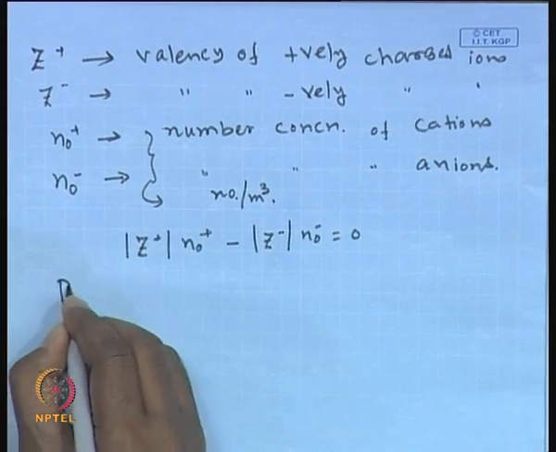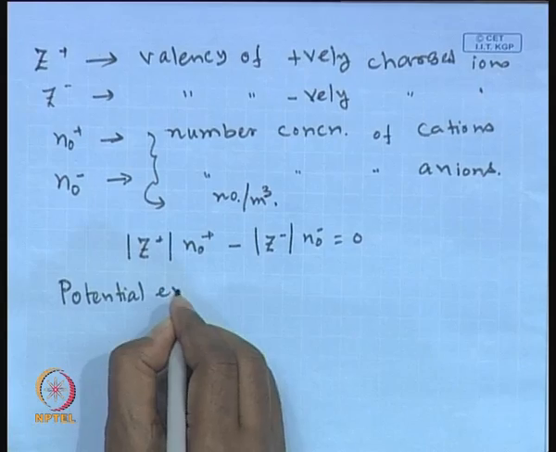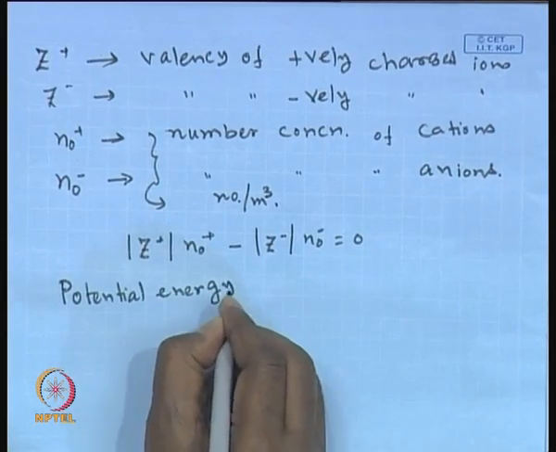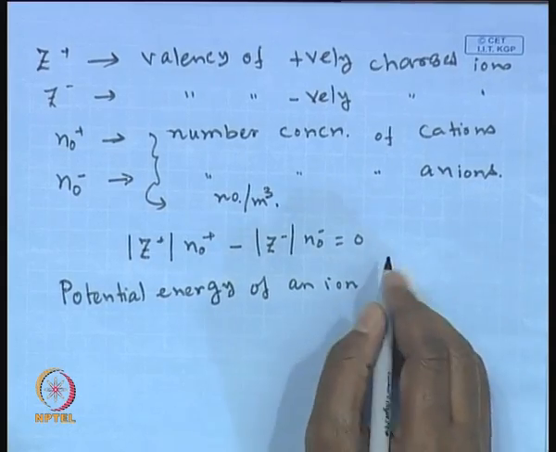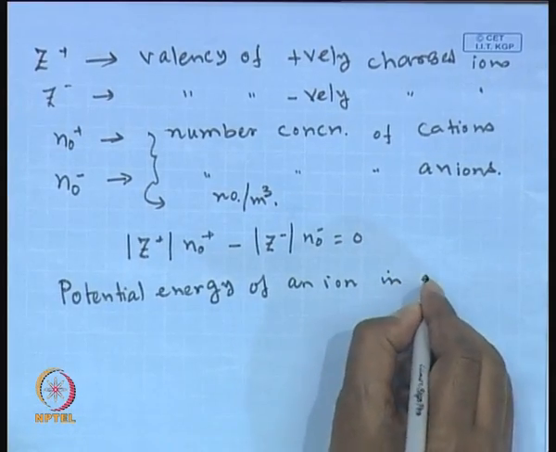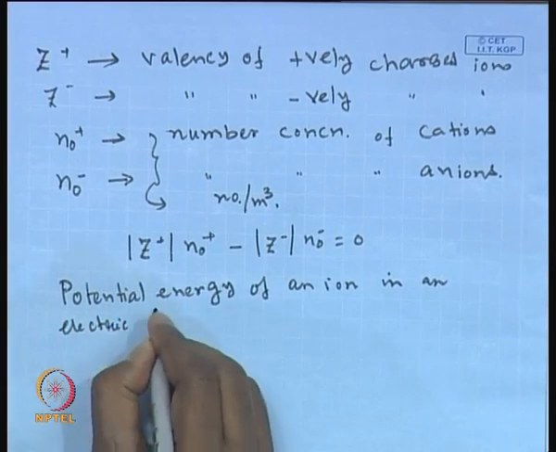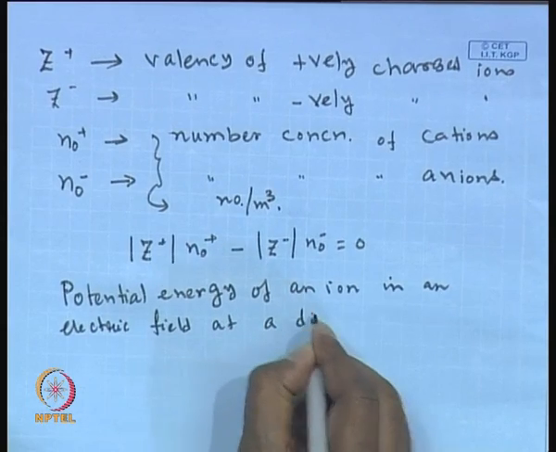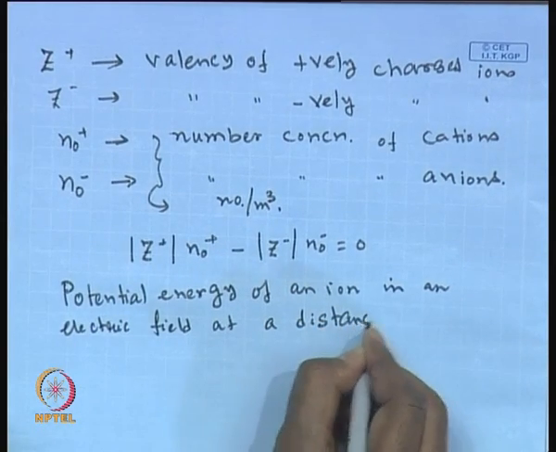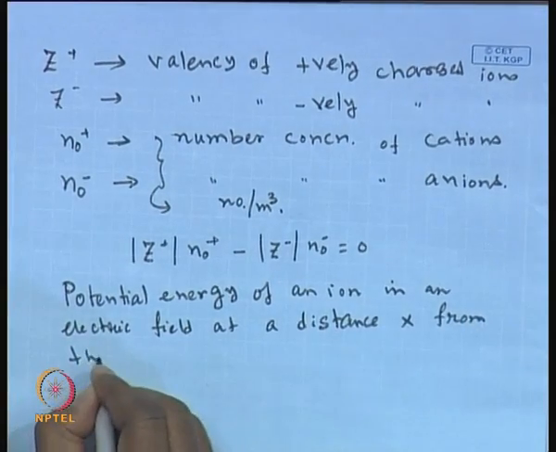Now we define the potential energy of an ion in an electric field at a distance x from the surface.